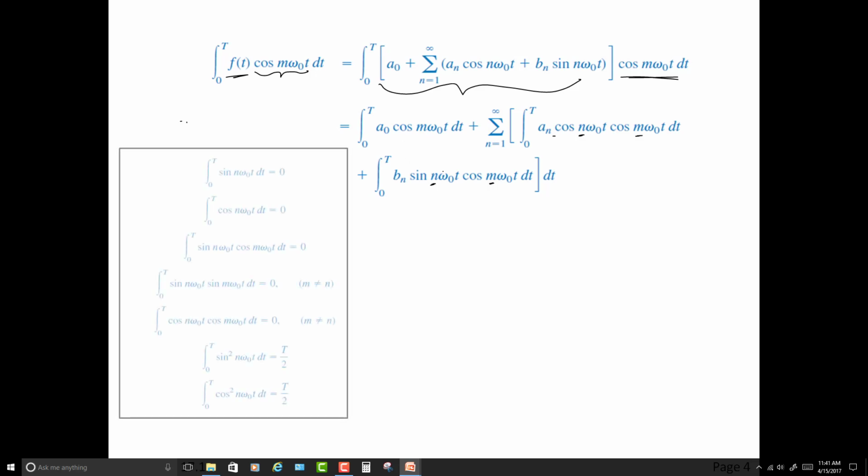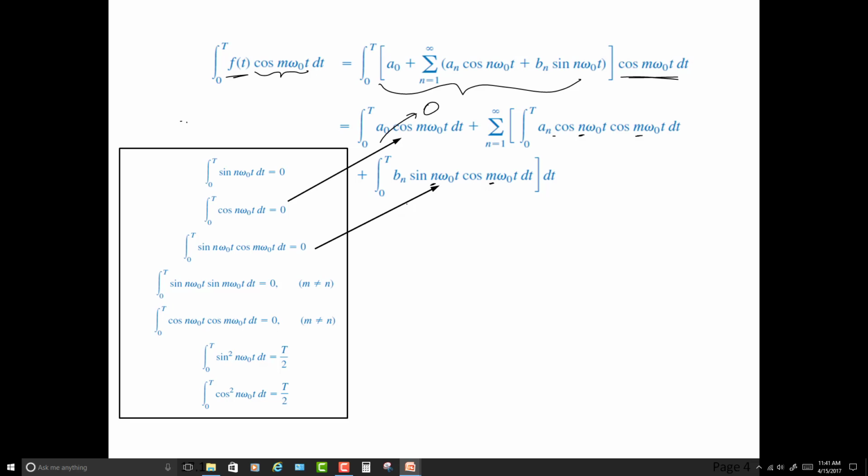So let's bring back our table as it fades in from the background, and let's take a look at it piece by piece. We know the first term is just a constant times the cosine integrated over a period, and that is 0. So that guy goes away. This whole thing has become 0. Then we just keep working down our chart.